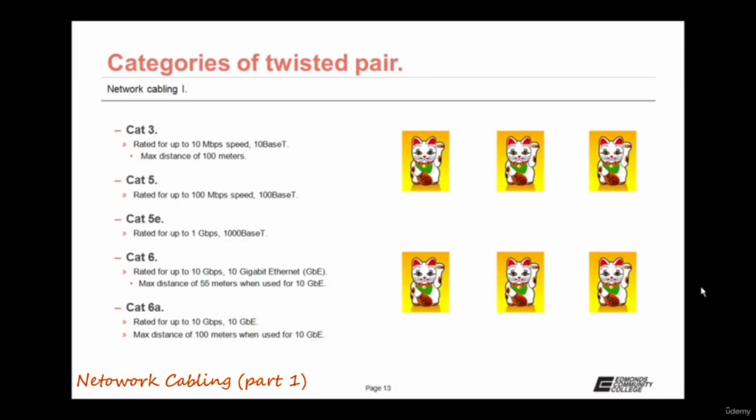And with Cat6, you can only get that 10 gigabits per second over a max distance of 55 meters. For some reason, they thought they needed to go more distance than 55 meters, so they developed Cat6a. It has the same speed ratings as Cat6, but it has a max distance of 100 meters, and you can still achieve that 10 gigabits per second networking.